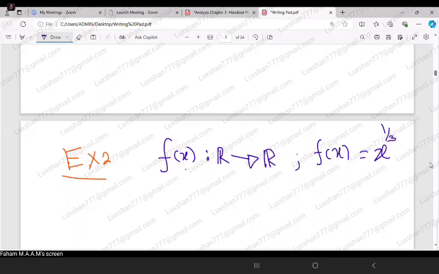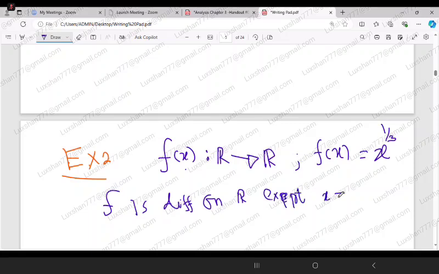Now we want to prove that f is differentiable on R, except at x equals 0.